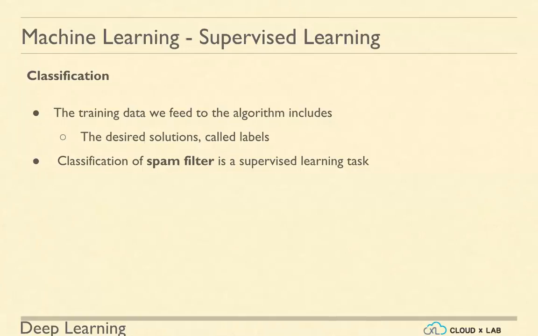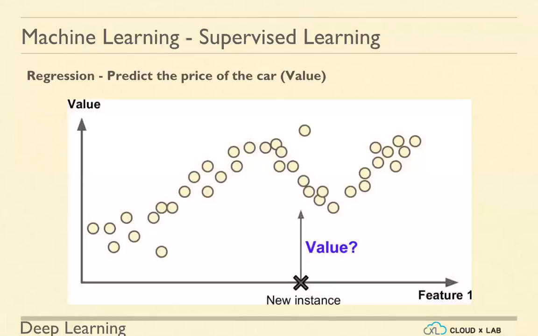The spam filter was an example of classification. In the case of regression, the other kind of supervised learning, we have a new instance and we need to predict a value as opposed to just a label.